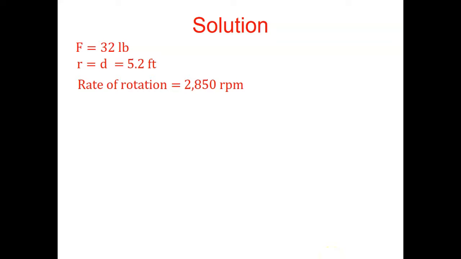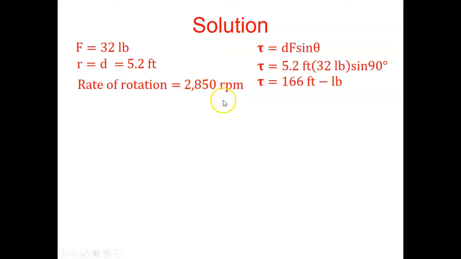Here we go. I'm not going to do this one on paper, but I'll show you on the PowerPoint here. We have a force of 32 pounds. The distance is equal to 5.2 feet, and our rate of rotation is 2,850. We first calculate tau, or torque, which comes out to 166 foot-pounds.